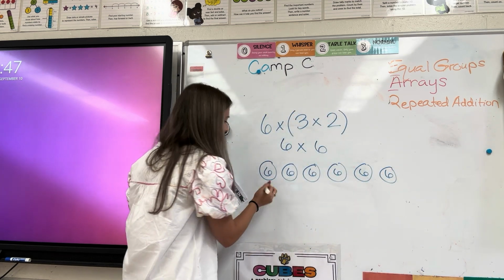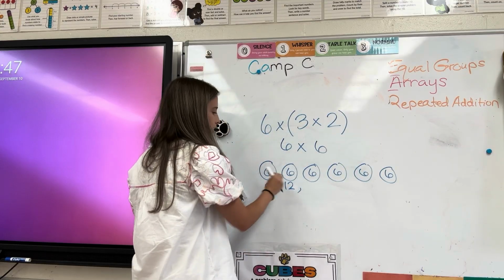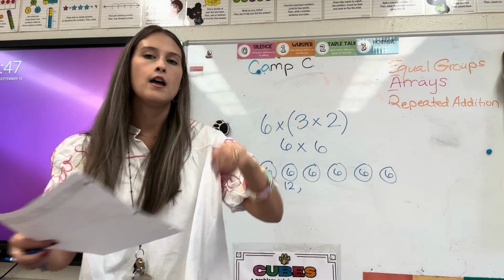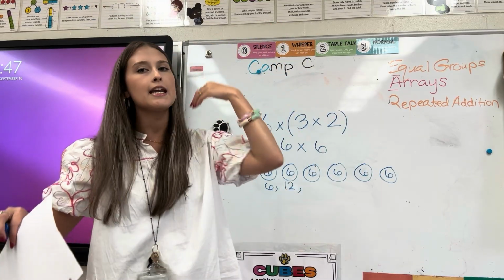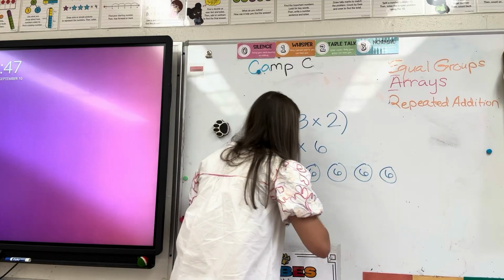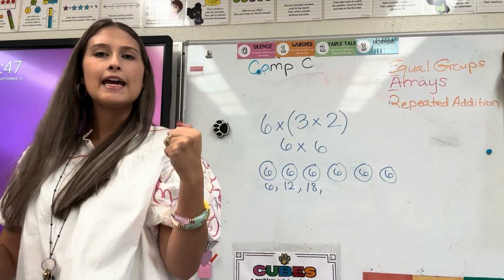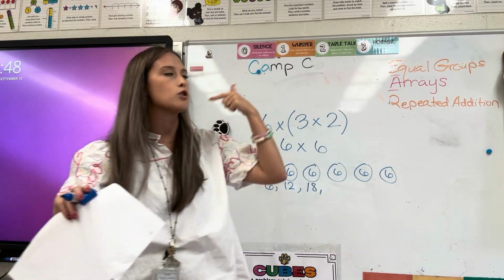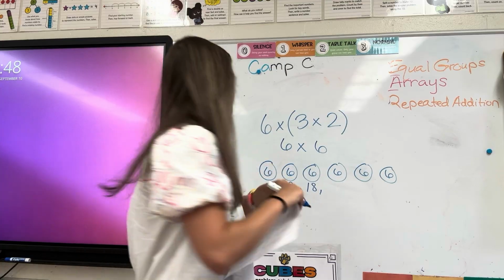Okay, if I have 6 and I add 6, I'm at 12. Okay, grab your 12, count up 6: 12, 13, 14, 15, 16, 17, 18. Grab your 18, count up 6: 18, 19, 20, 21, 22, 23, 24.